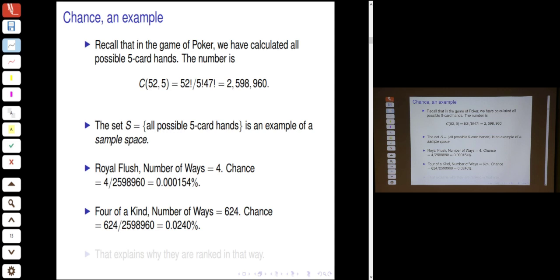So if you calculate the chance, you use 624 divided by this number, and you get 0.0240 percent. Obviously you have a higher chance to get four of a kind. So that's why the casino ranks the different hands, the rewards for different hands, in different ways. That explains why they are ranked in a certain way.